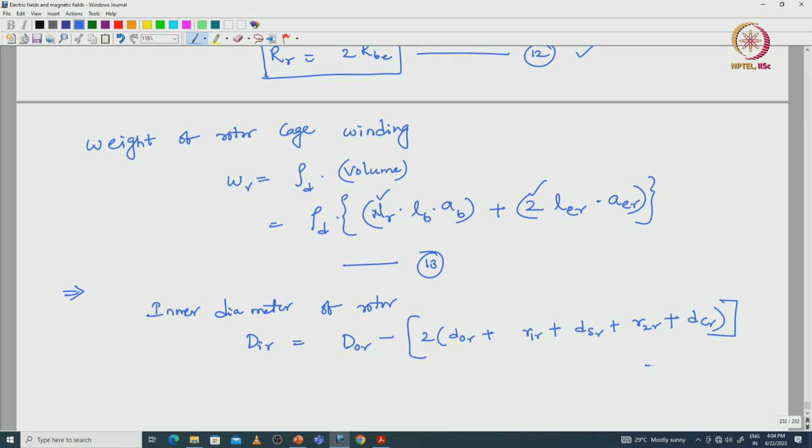This equation will give the rotor inner diameter.